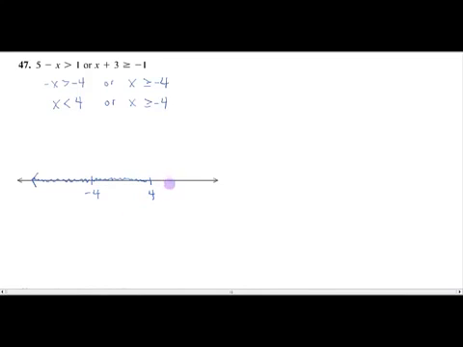How about a 5? Is 5 less than 4? No. Is 5 greater than or equal to negative 4? Yes, it is. So I have at least one true thing. I can shade that interval. That gives me a solution set of negative infinity to infinity, all real numbers in interval notation.